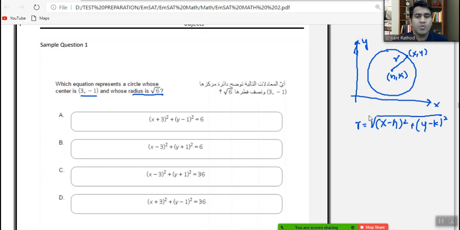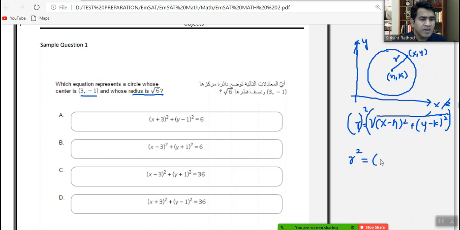Now, the next step: I don't want this under the radical, so I have to get rid of the radical. To get rid of it, what should I do? I have to square on both sides. Remember, if you are doing something, you have to do it on both sides. When squaring both sides, this side becomes r squared and the square root gets cancelled out.